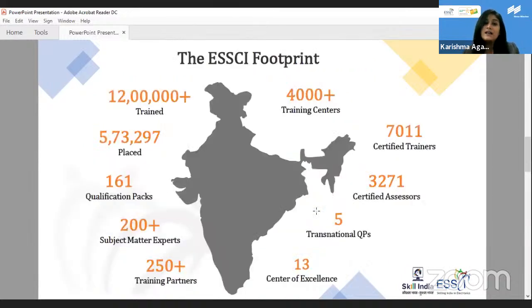ESSCI has set a benchmark over the past 5 years. We have trained more than 1 million candidates across the country, and we have placed around 6 lakh people. We have 4,000 plus well-equipped training centers across the country, 7,000 certified trainers, and 3,200 certified assessors.